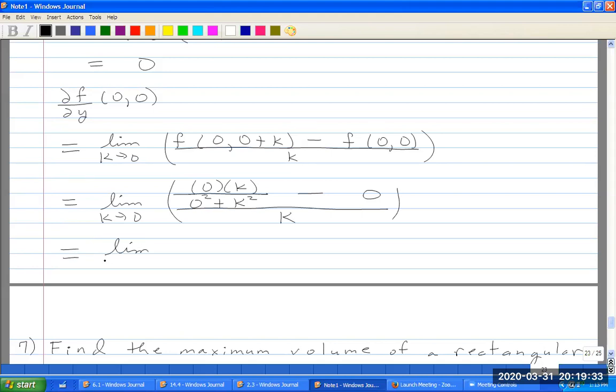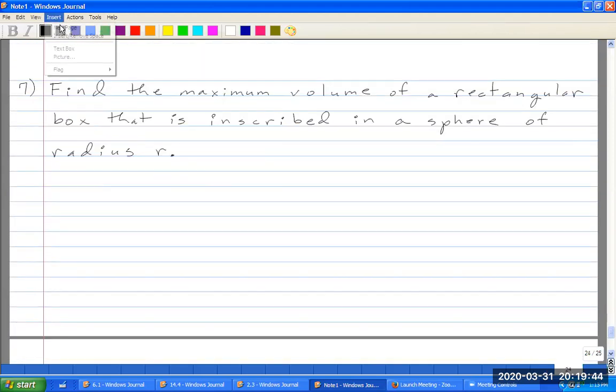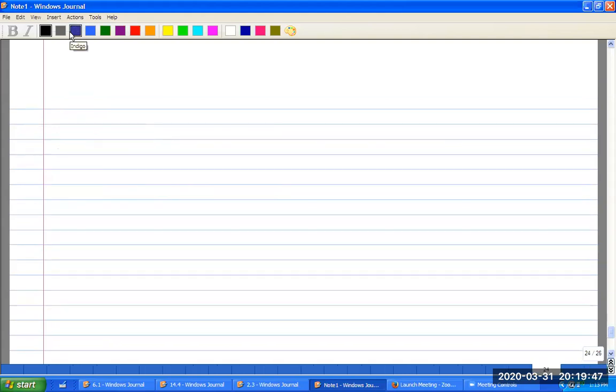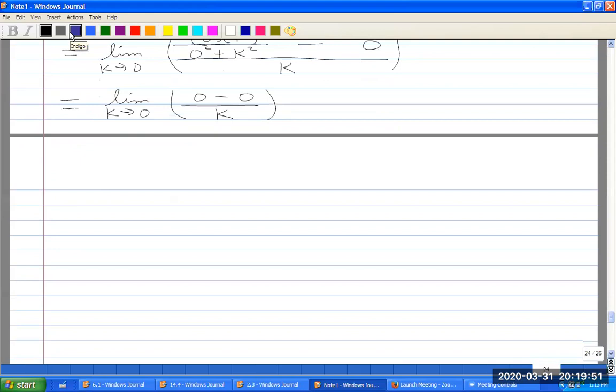This is the limit as k goes to 0. Each of these quantities is 0, and so this is just a constant 0.